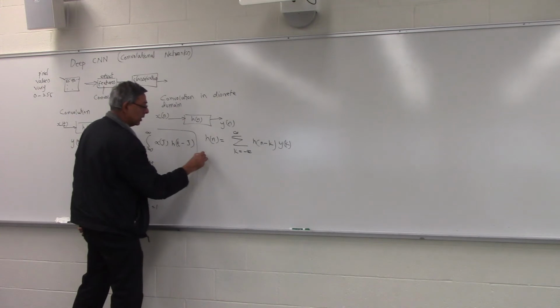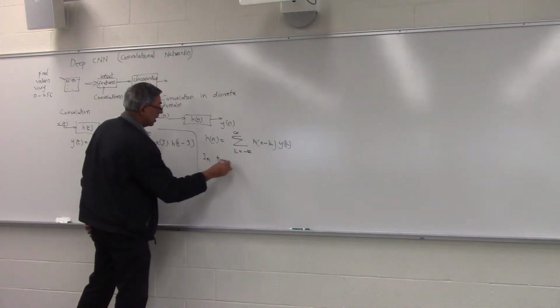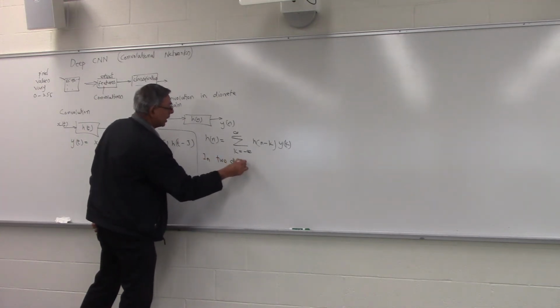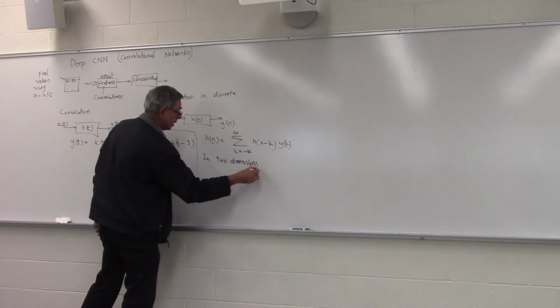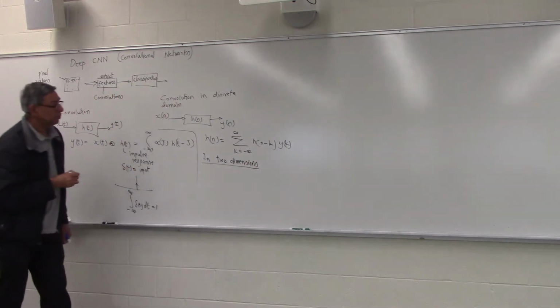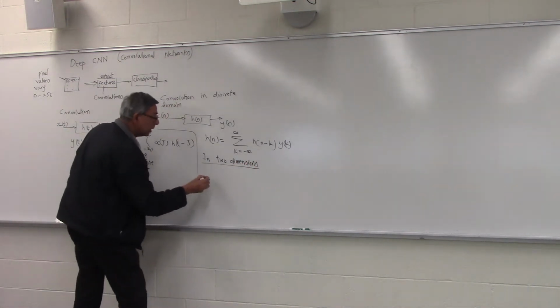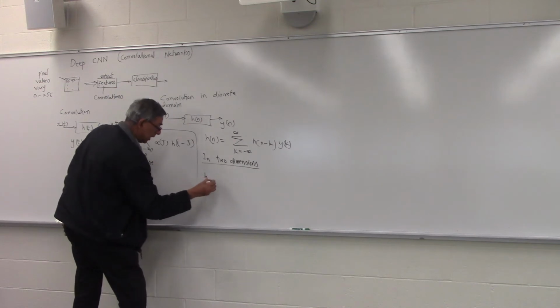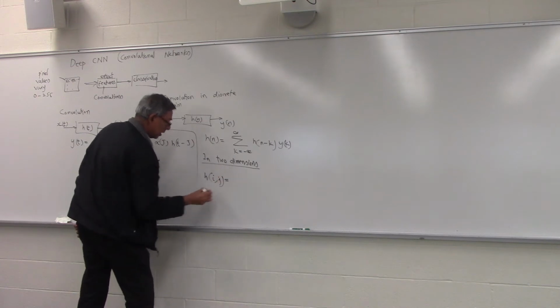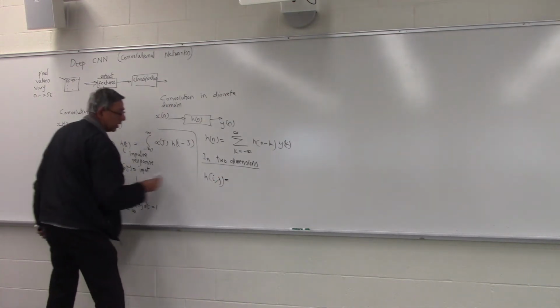In 2 dimensions, because this is where we will be dealing with. So in 2 dimensions, for example, we can have h of, let's say, ij, y of ij.